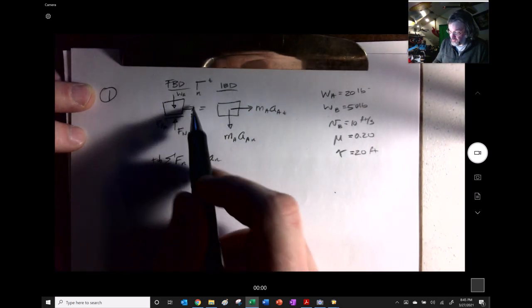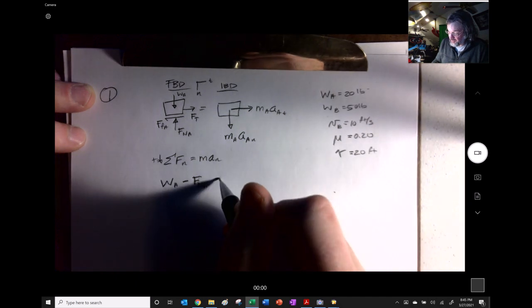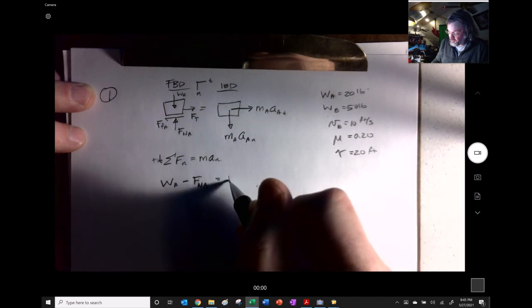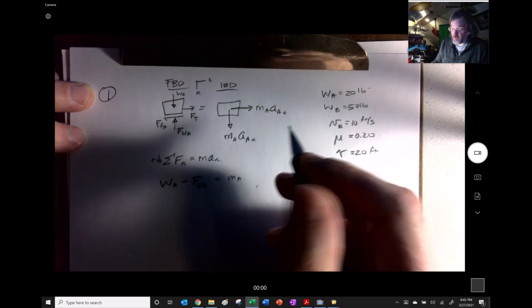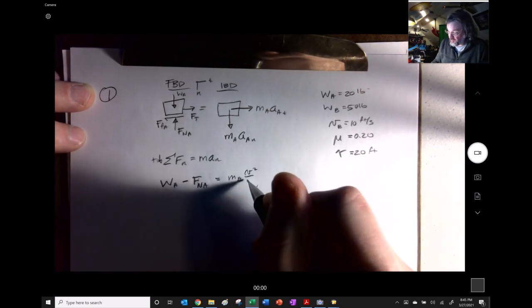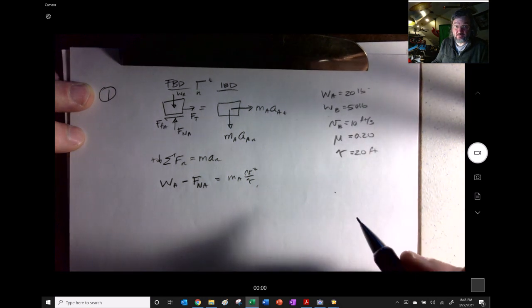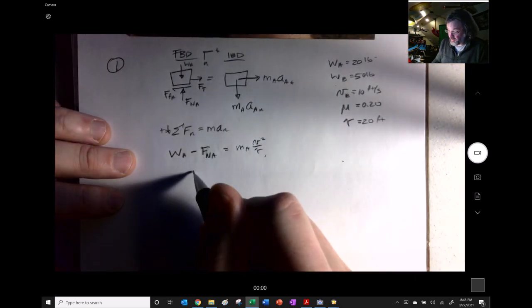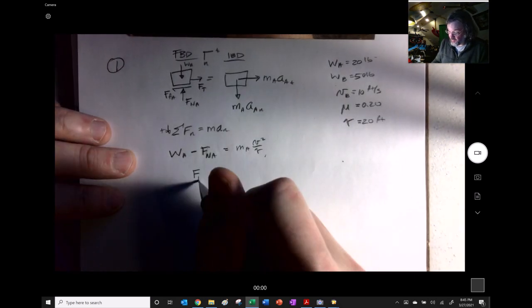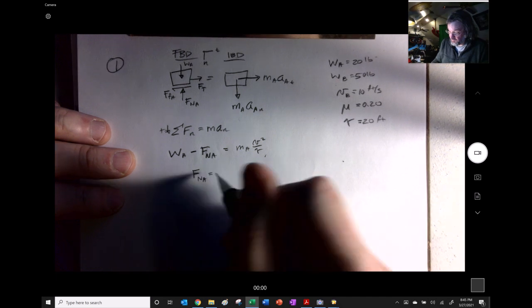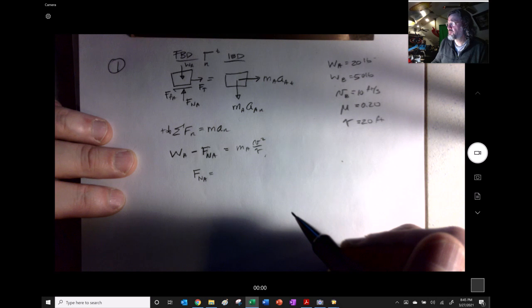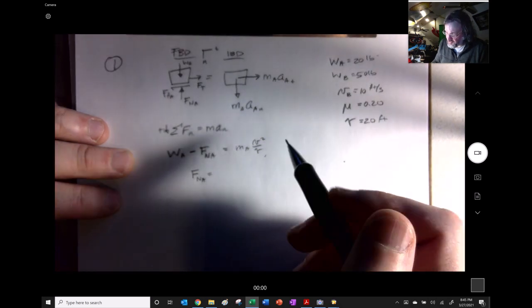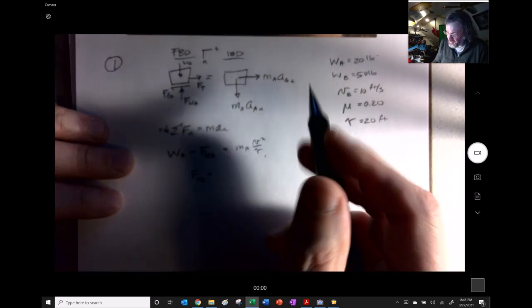And anybody else? Nope. Okay, and then it's going to be equal to the mass of A times the acceleration of A in the normal direction, which is v squared over r. So we end up finding in the normal direction, we're going to flip this guy back over to the side.